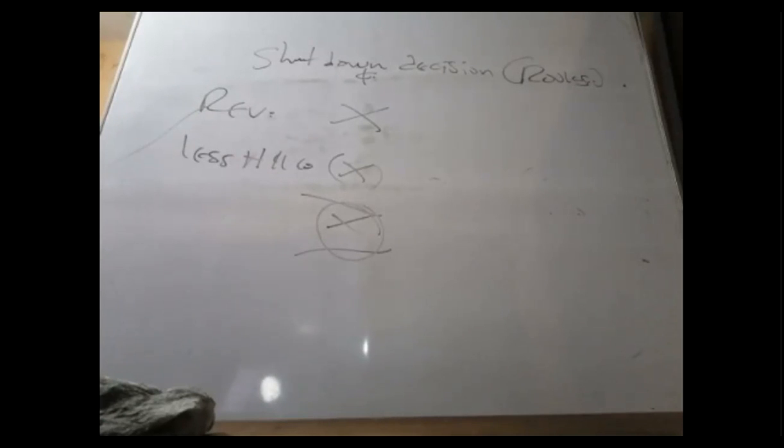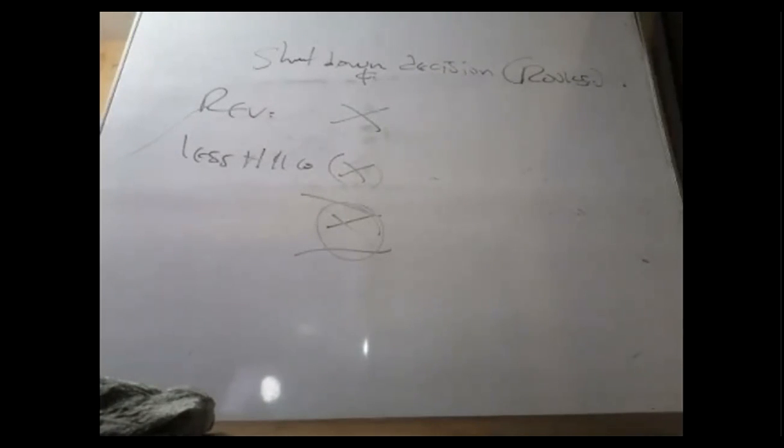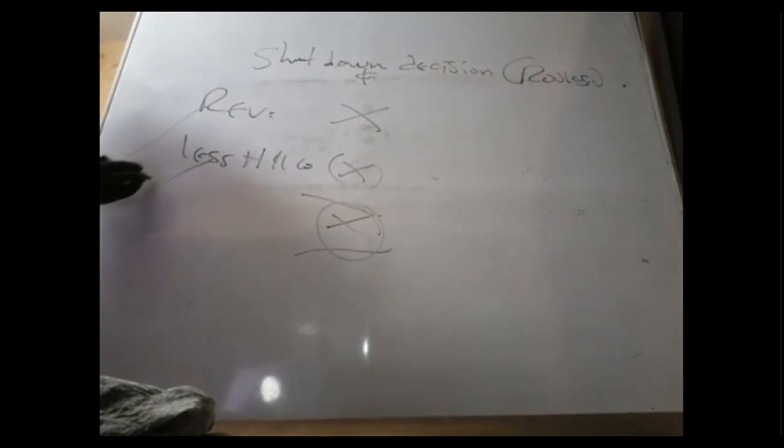So all benefits that you would derive from shutting down, just bring them. And then less the cost of shutting down. Is there any cost that you incur? One is the contribution, all the contribution that you lose when you shut down. So here is contribution forgone.